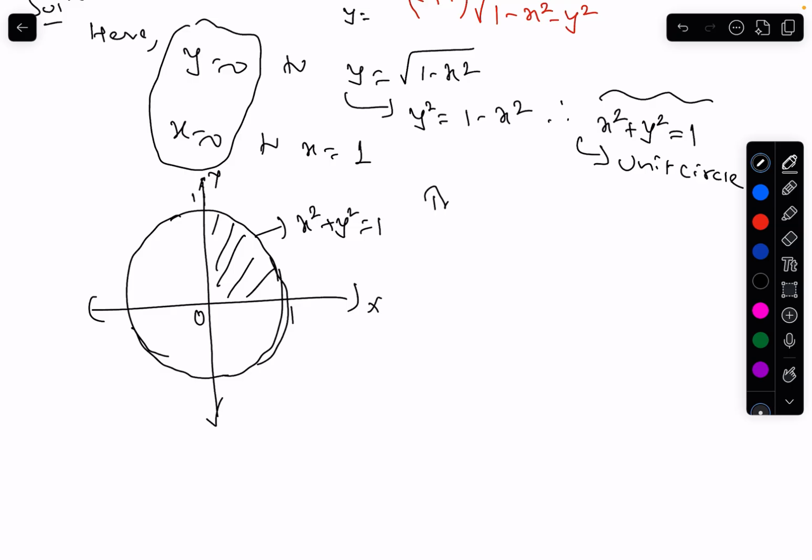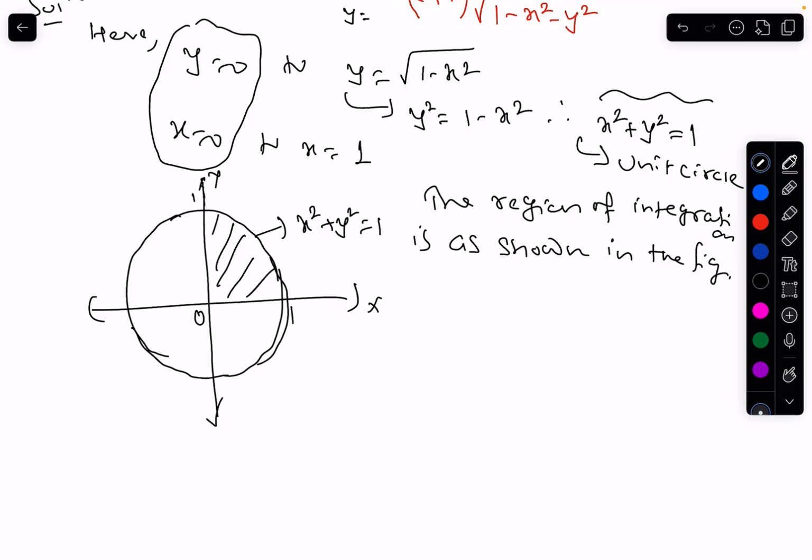Now the region of integration is as shown in the figure. It is the quarter circle.